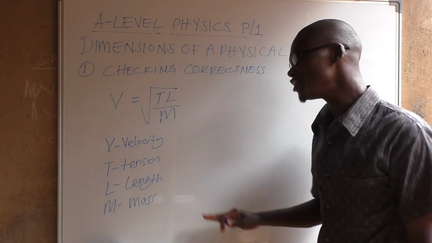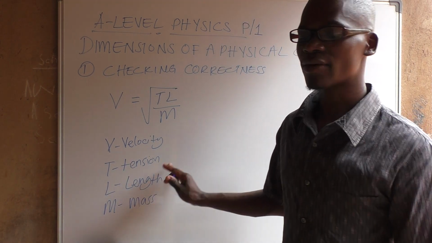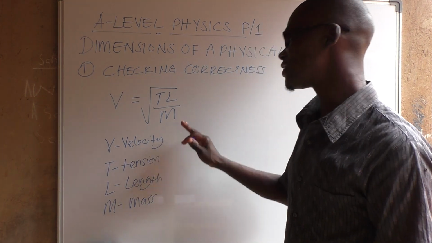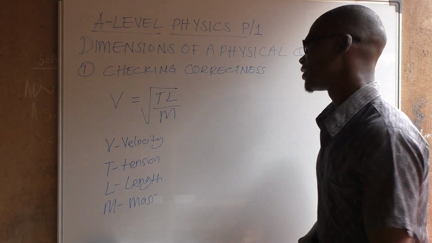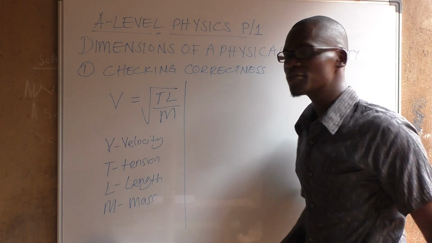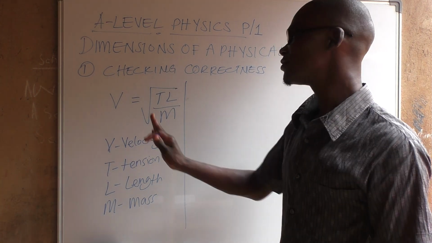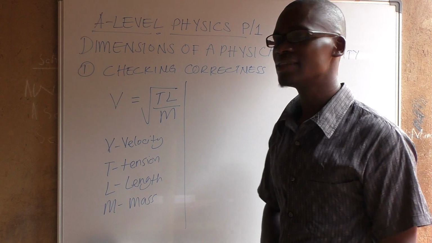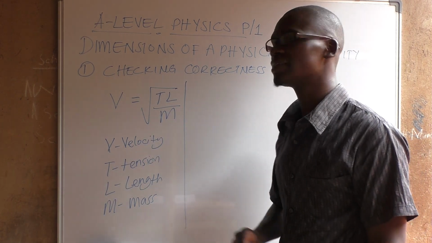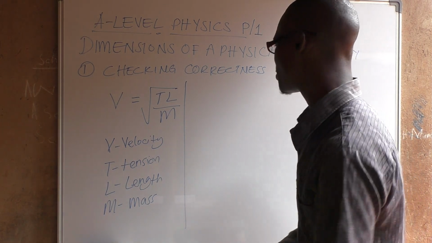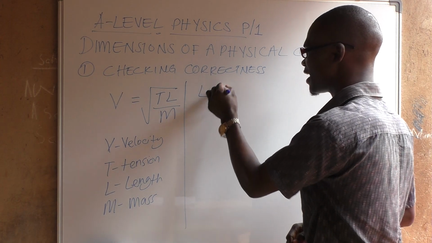So how do we check the correctness of this equation? We have two sides of the equation: the left hand side and the right hand side. Let us start with the left hand side.